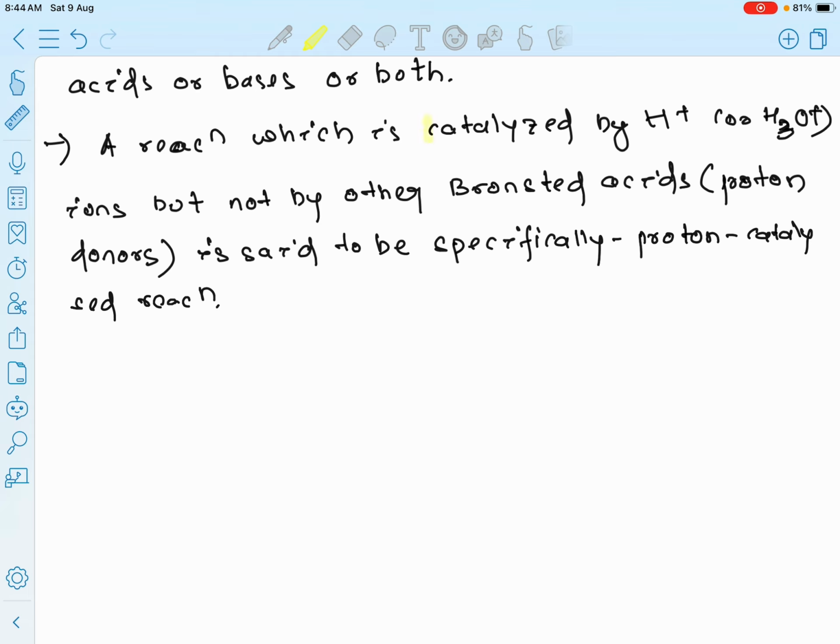That is, which is catalyzed by H plus. A reaction which is catalyzed by H plus is said to be specific, that means it is specific to H plus only or the proton, therefore it is called a specific catalyzed reaction.